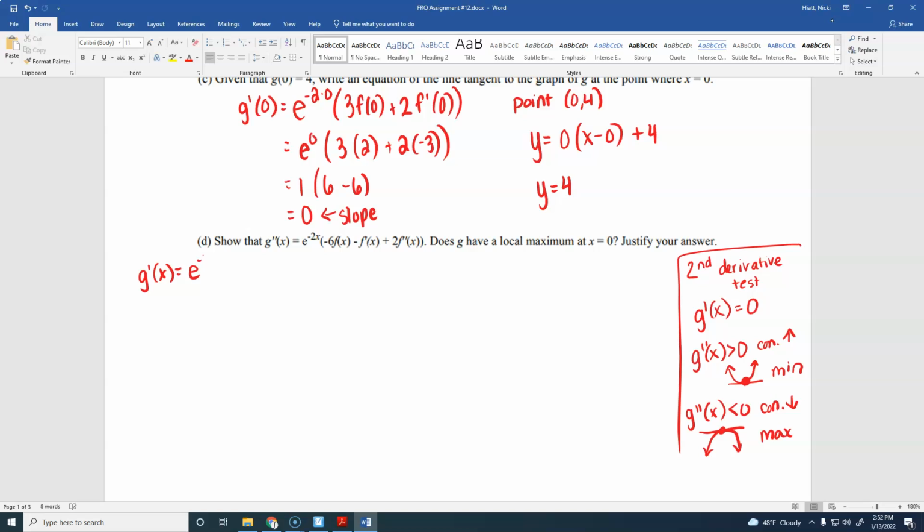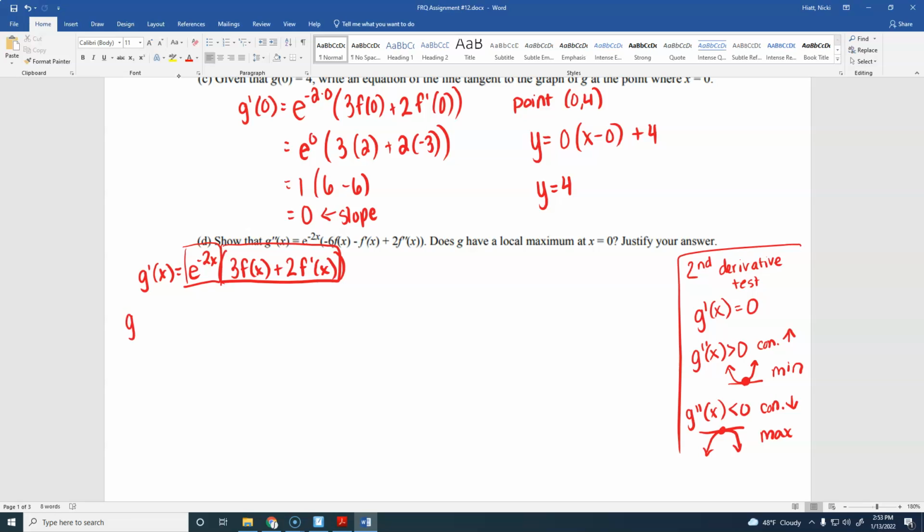It's e to the negative 2x times 3f of x plus 2f prime of x. What are we going to have to use to take this derivative? Product rule. We have this stuff times what's in the parentheses.